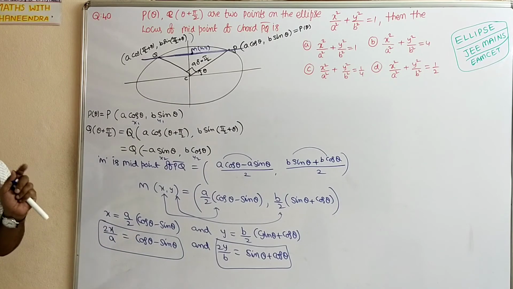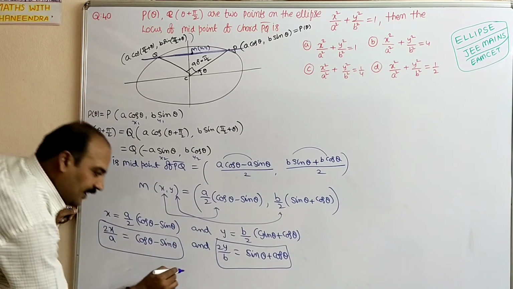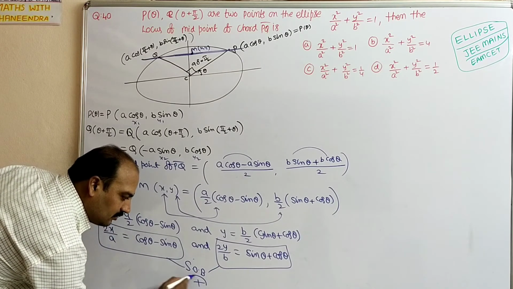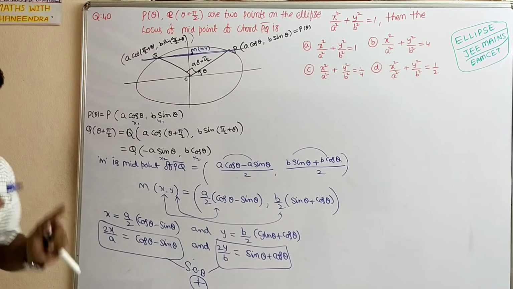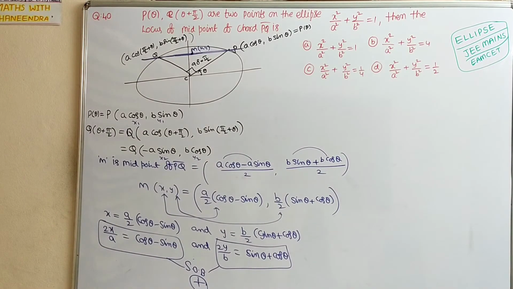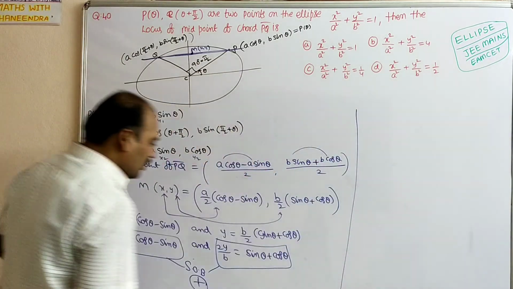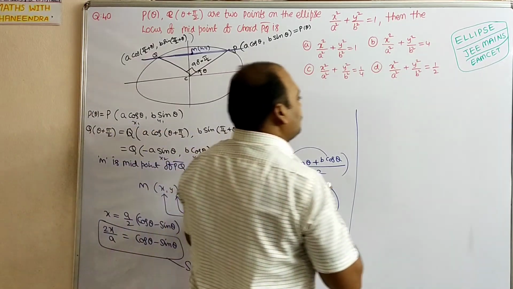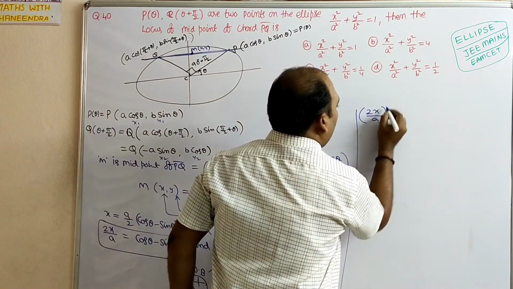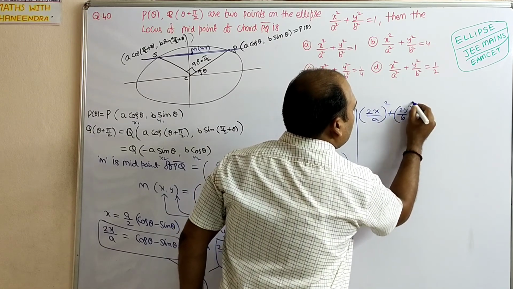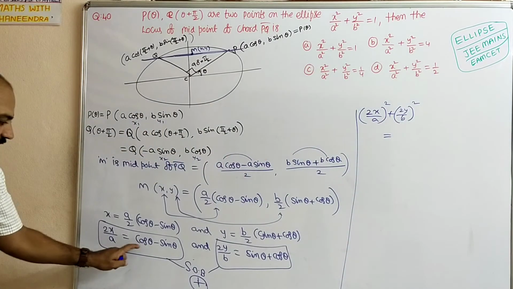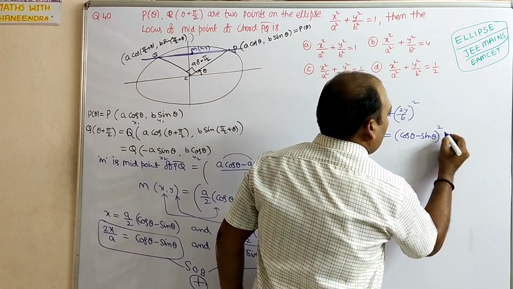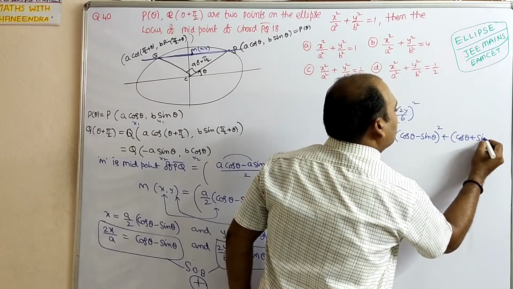After reaching this step, square on both sides and then add. Squaring on both sides and adding. First I am adding the LHS values: 2x by a whole square plus 2y by b whole square is equal to cos theta minus sin theta whole square plus sin theta plus cos theta whole square.